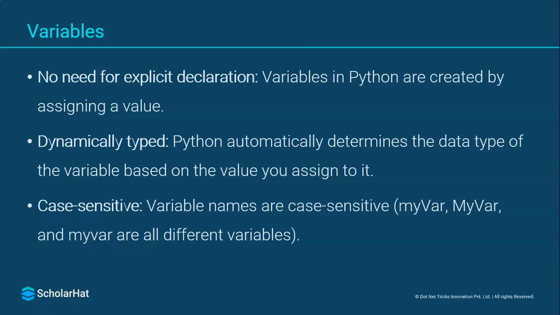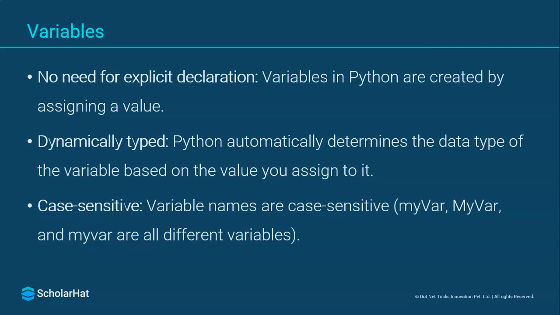There is no need for explicit declaration in Python because variables are created by assigning a value. Let's say you assign a numeric value, so its type is integer. When you assign a string value, it becomes a string. Python automatically assigns the data type of a variable based on the value you assign.